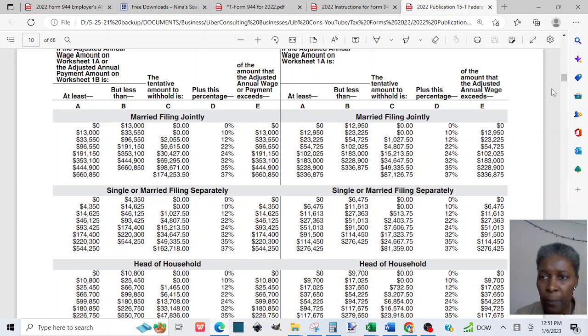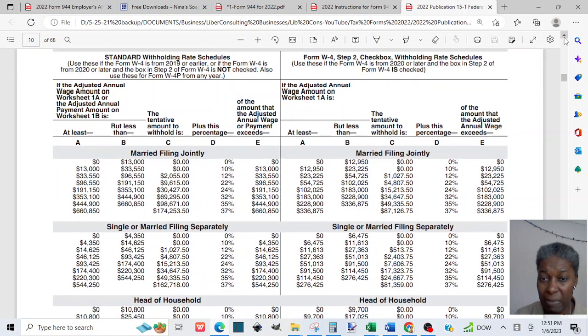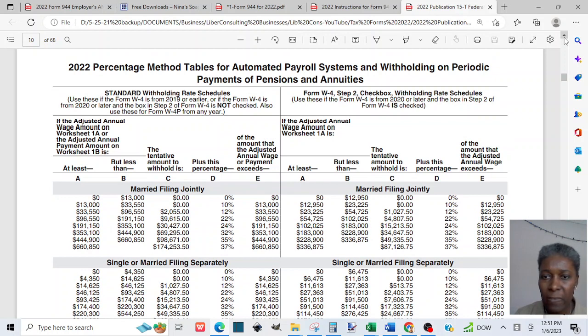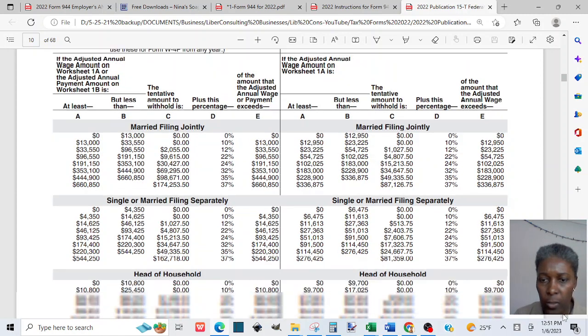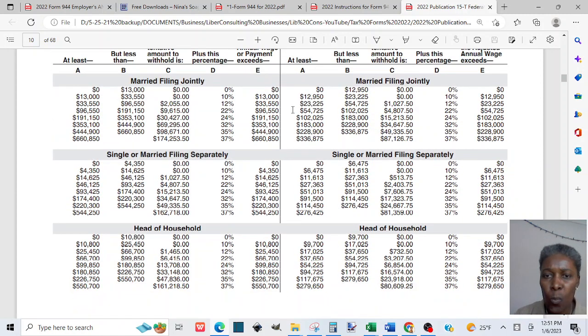But depending on if the W4 is simple or if there is some exemption to take into consideration, you use the standard withholding, or if the step 2 checkbox is checked, you use that option. Then you locate whether the person is filing jointly or separately, and you compare the salary.